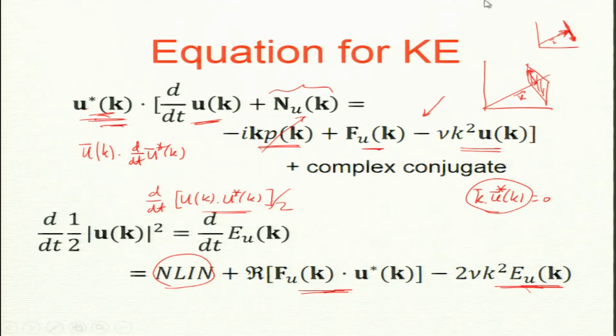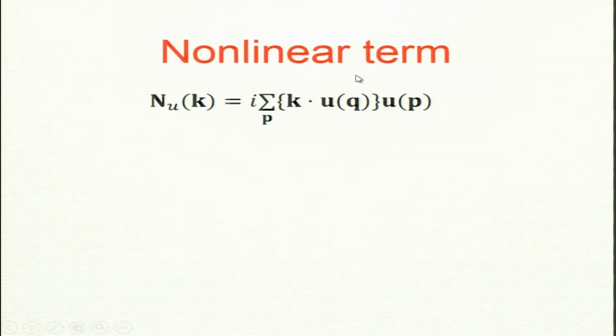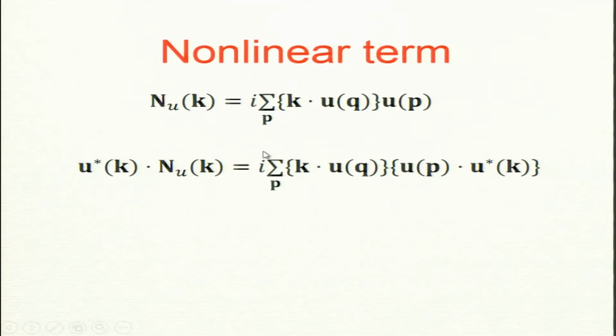Okay. So, let us compute n-lin, the nonlinear term. So, I proved this in the last module: k dot uq. Now, I had to take the dot product with u star k, real part. So, u star k, just coming from here.